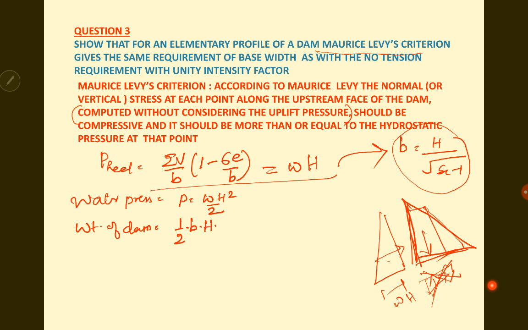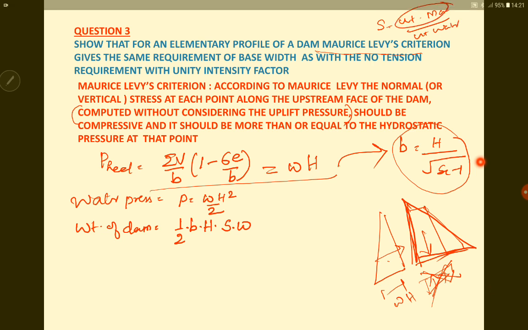What is the unit weight? S is equal to unit weight of material by unit weight of water, so the unit weight of material will be S into W. So area into unit weight, fine. So you got the value of the weight.